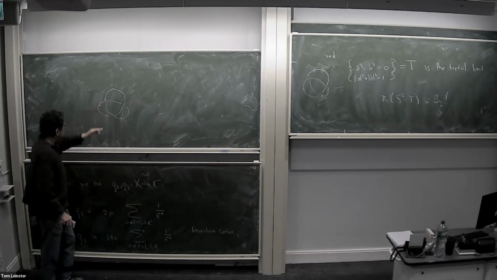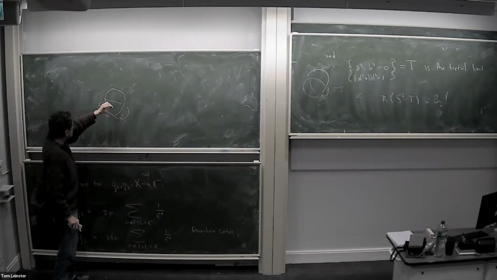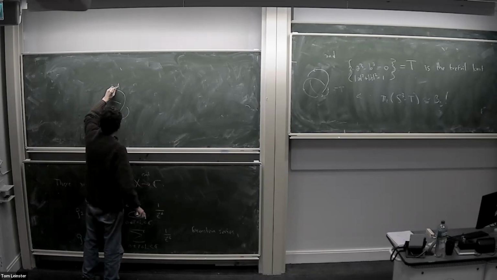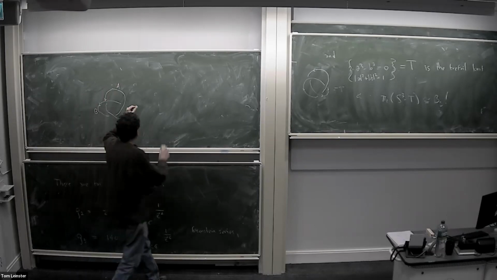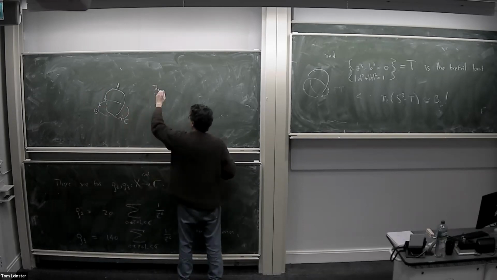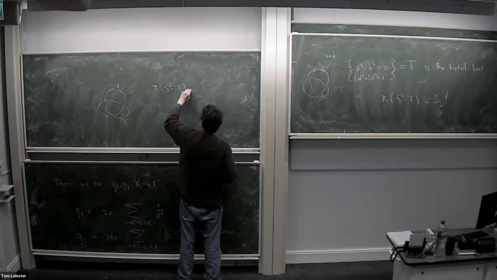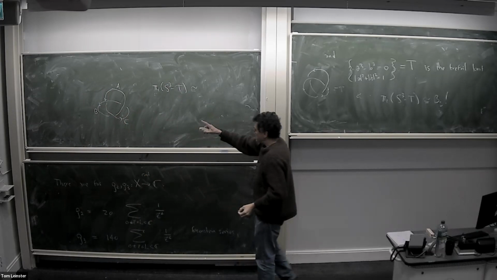And for each little part that you can draw without going under another section of your drawing, you get a generator. And for each crossing, you get a relation. So this is called Wirtinger's theorem. It's a general way to calculate fundamental groups of knot complements.